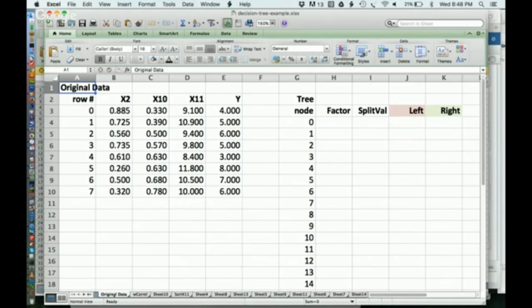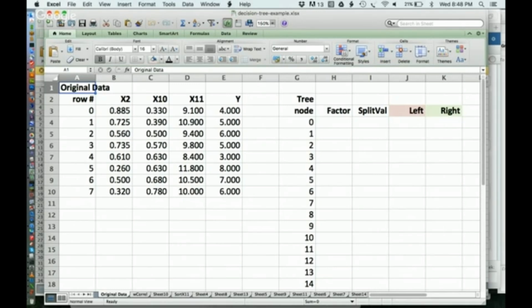But keep in mind, for the real data, you've got 11 factors. So the data that you're going to be building your trees with potentially has 11 factors. Factor 11, by the way, is alcohol content. And I don't recall what factors 2 and 10 are.